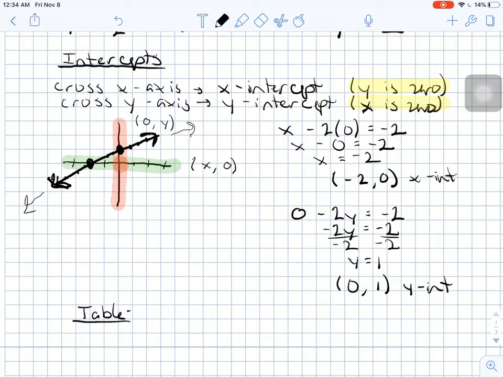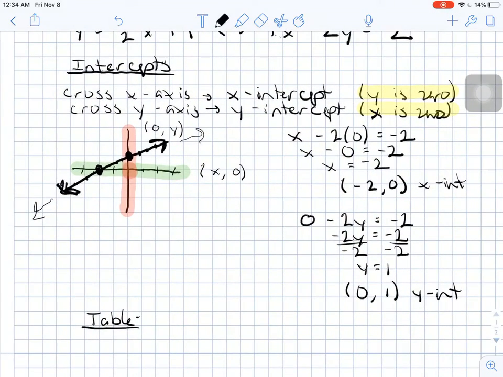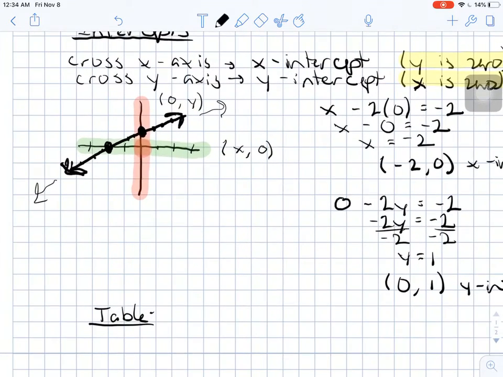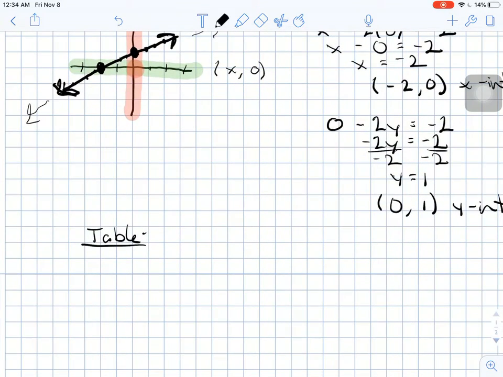The problem is some graphs might be straight lines, but they might have a couple of things happening. You could have a situation where your x or your y intercept is a really, really, really large number. So maybe you had something where your y-intercept is (0, 4), but your x-intercept is (150, 0).